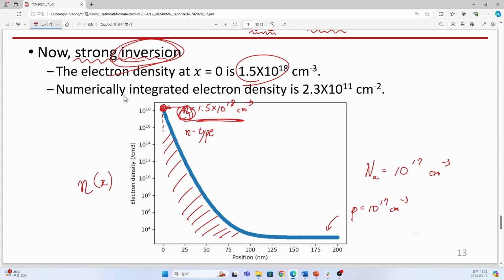Then we can integrate the electron density, and in this case it is 2.3 times 10 to the 11 per square centimeter, because we have already made the integration along the x direction. Previously that was per cubic centimeter, but it is now per square centimeter. So you can do it by yourself.